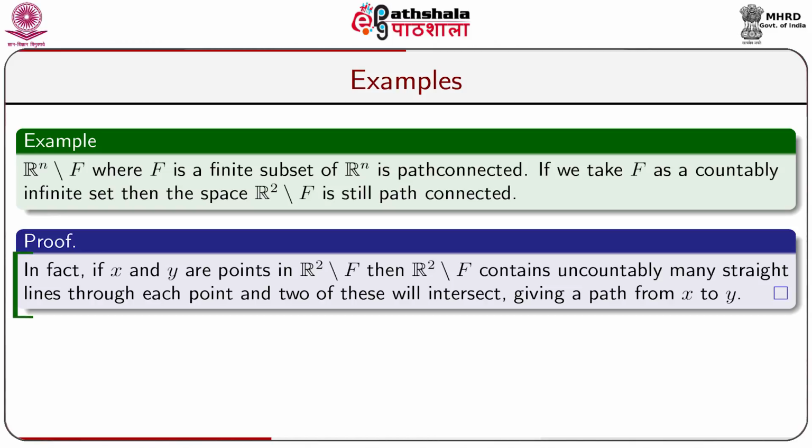Now we must have two straight lines between them which will intersect, and thus we get a path from x to y. Hence, if we delete countably many points from Rn, then it still remains path connected.